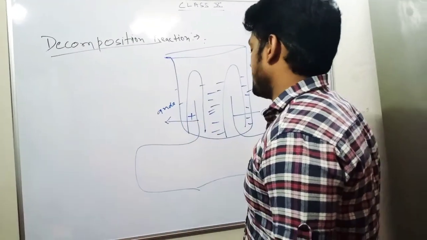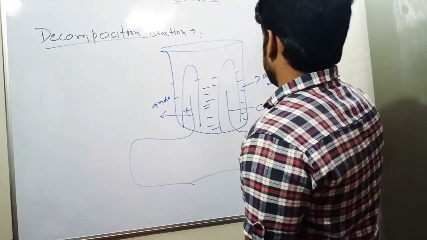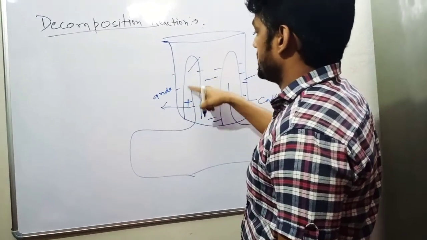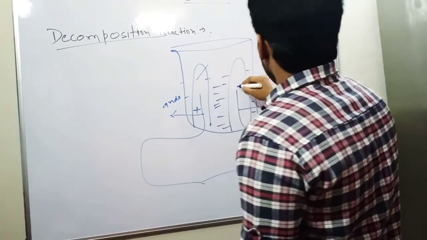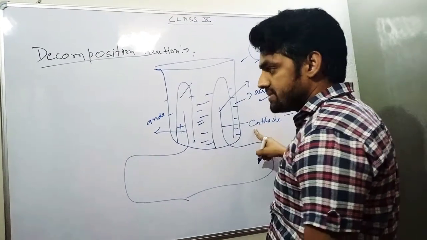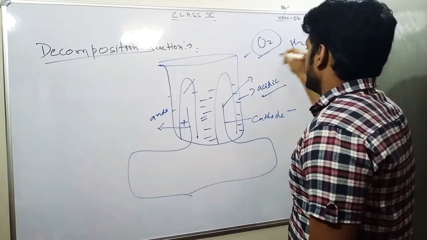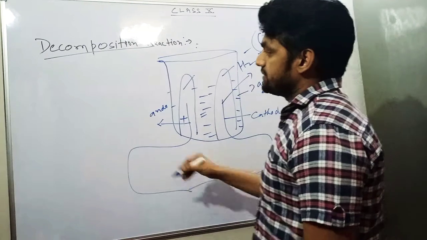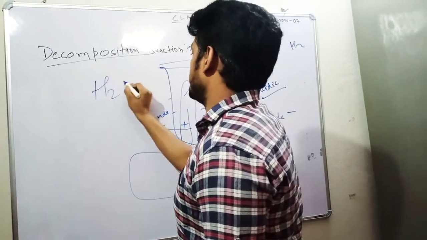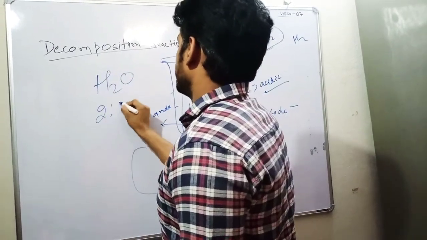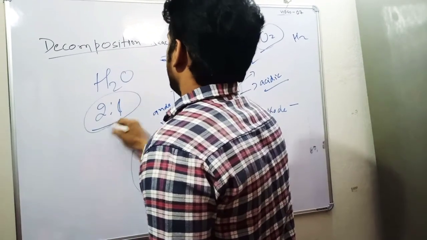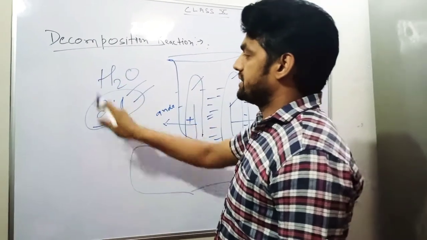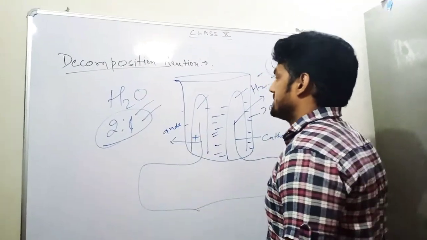Whenever electricity is passed, oxygen, being a non-metal, is collected at the anode, and at the cathode, which is negatively charged, hydrogen gas will be seen. As we all know, the formula of water is H2O, so the ratio of gases will be 2:1. The 2 ratio will be hydrogen gas and the 1 ratio will be oxygen gas.